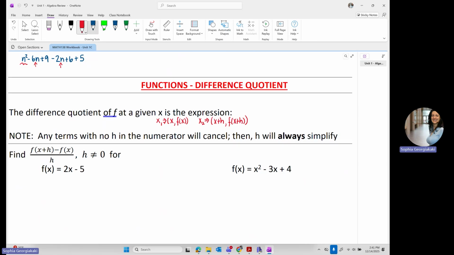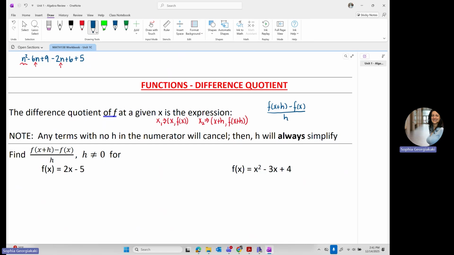The difference quotient is y2 minus y1, so f of x plus h minus f of x, and in the bottom x2 minus x1, but x plus h minus x will give me h. So this is called the difference quotient.